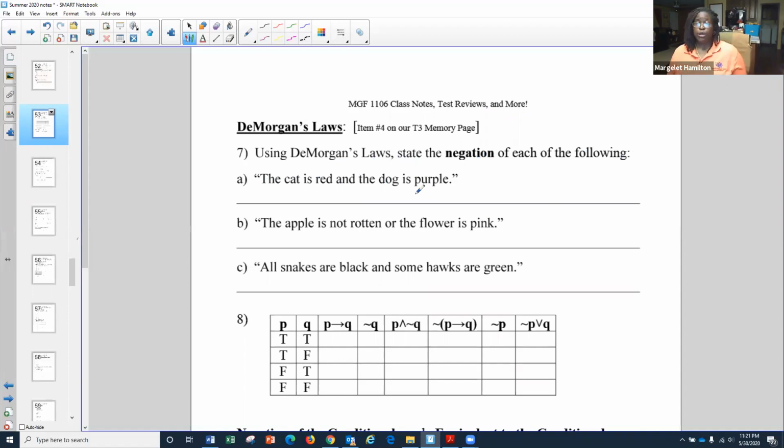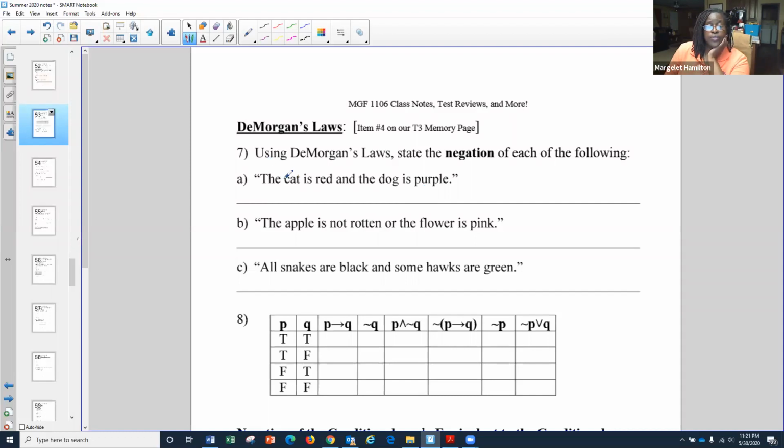When we're looking at DeMorgan's laws, all we have to do is make sure that when we are negating the and statement, we negate the first statement, change the and to or, and then negate the second statement. Okay?